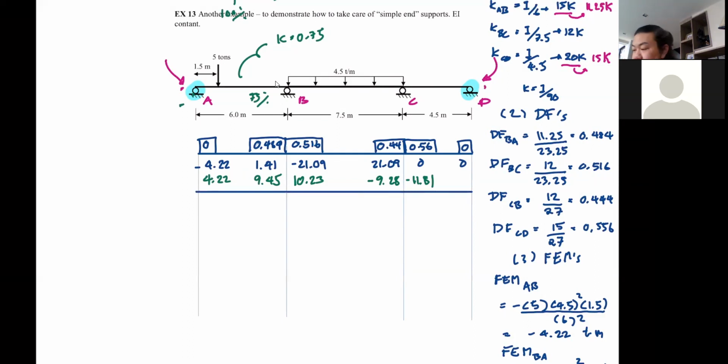Remember that you can always check that, okay? And now we are going to carry it over, right? You have to carry over still, but because we modify this, we don't carry 9.45 here.